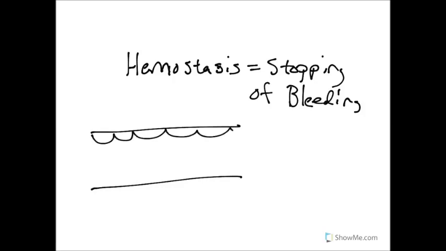Normally we have blood traveling in this vessel, and normally that stays in there. But in cases of injury where the blood vessel is opened up, that blood will leave the vessel and we will begin to lose stability in our body. Homeostasis is disturbed.